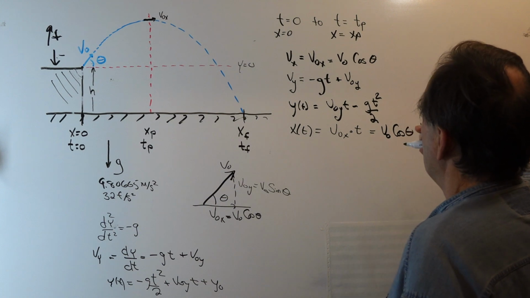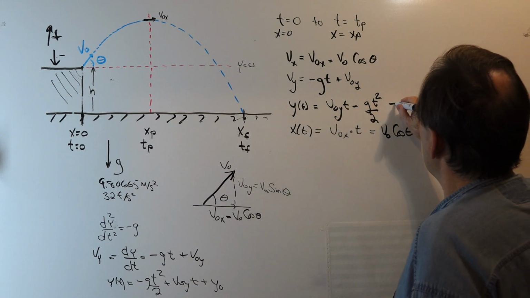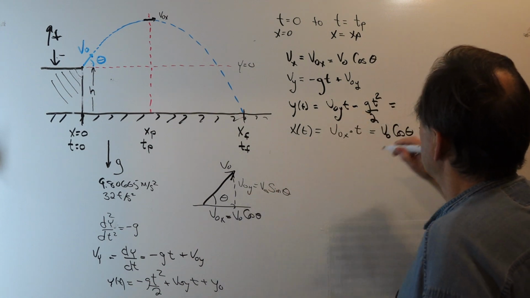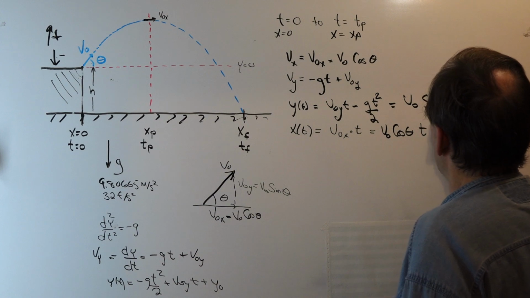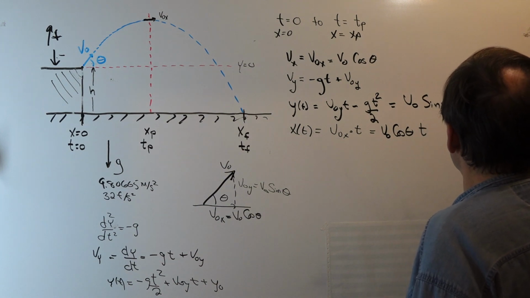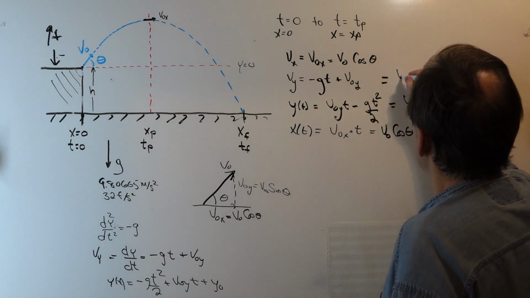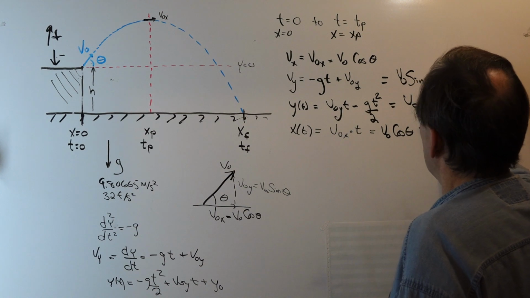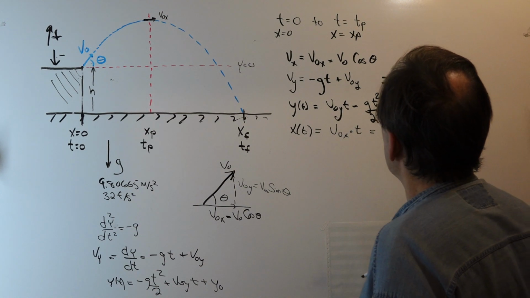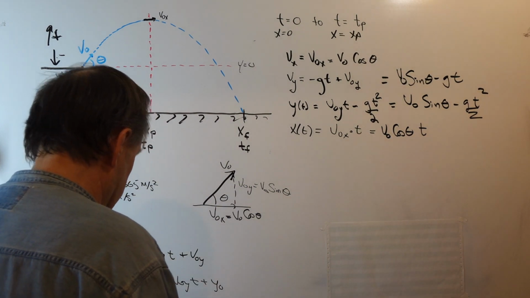And then in this equation, our y of t is v0 sine theta t minus gt squared over 2. And the velocity equation becomes the initial velocity times sine theta minus gt. So those are our equations that we'll be using.